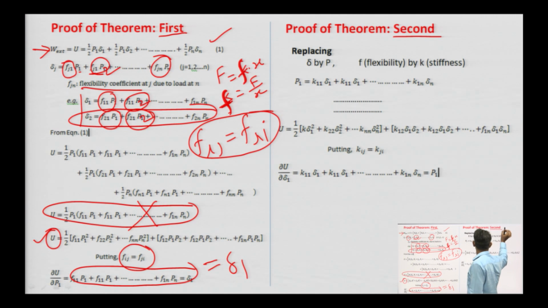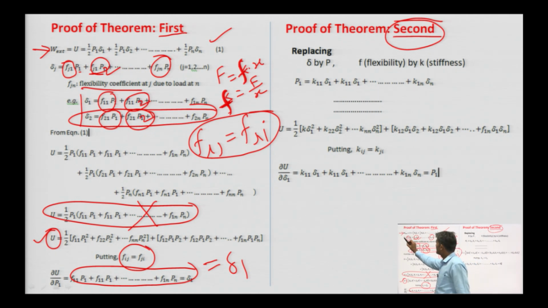Next, the proof of the second theorem. The second theorem can easily be proved by replacing displacement with force and flexibility with stiffness. Actually, flexibility and stiffness are inversely proportional to each other.